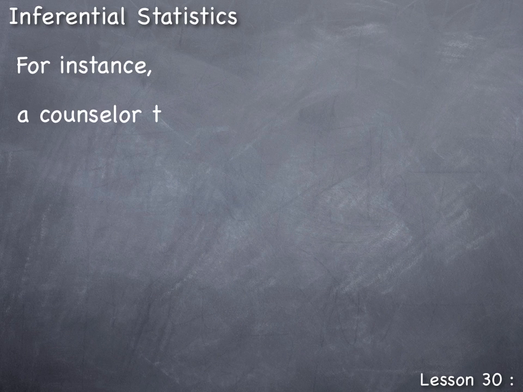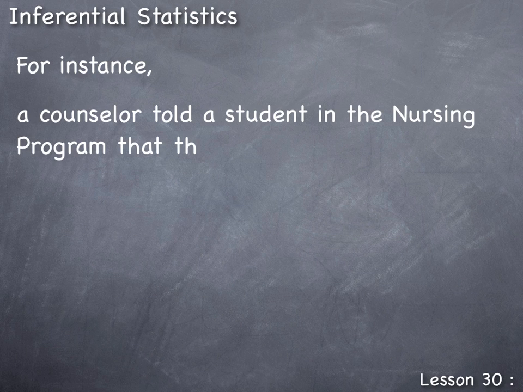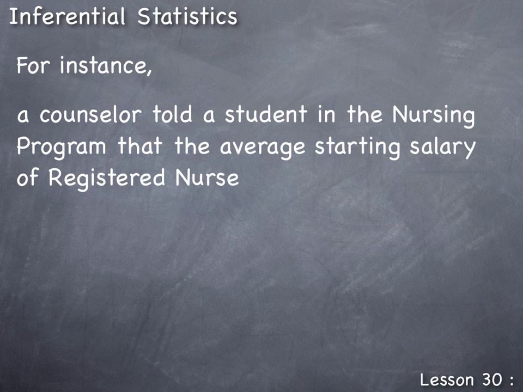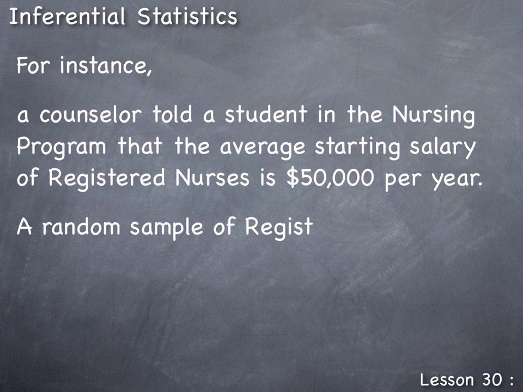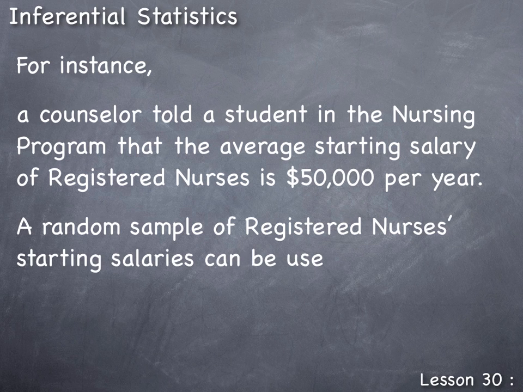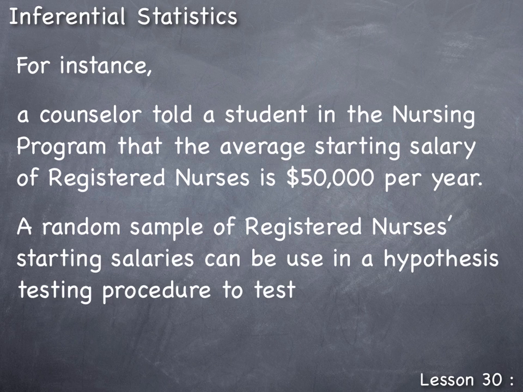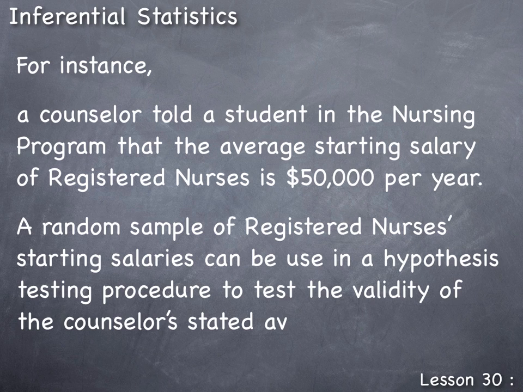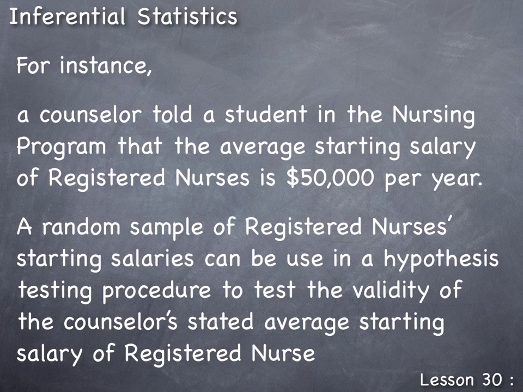For instance, a counselor told a student in the nursing program that the average starting salary of registered nurses is $50,000 per year. In this case, a random sample of registered nurses' starting salaries can be used in a hypothesis testing procedure to test the validity of the counselor's stated average starting salary.